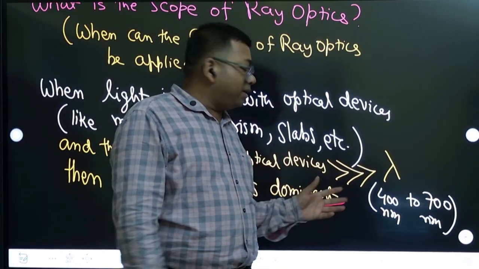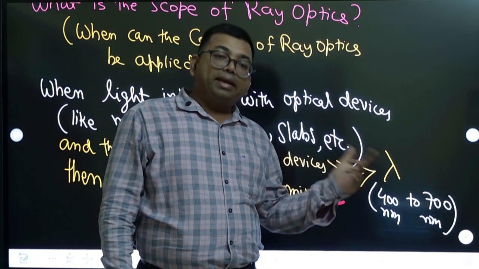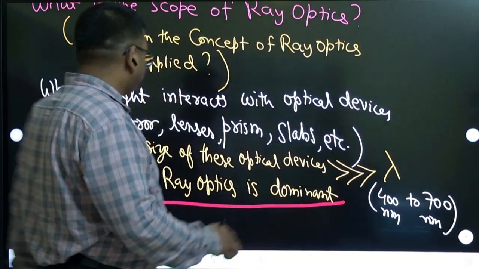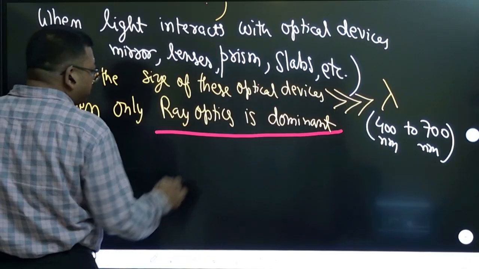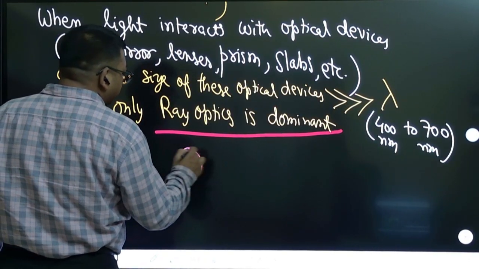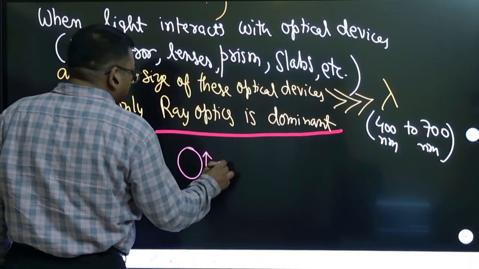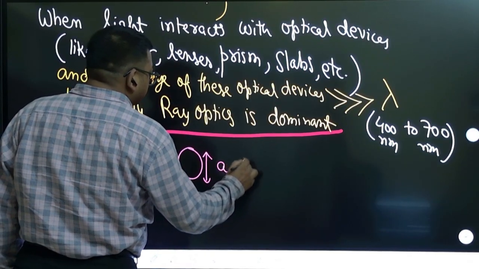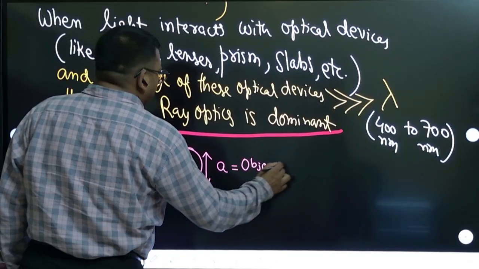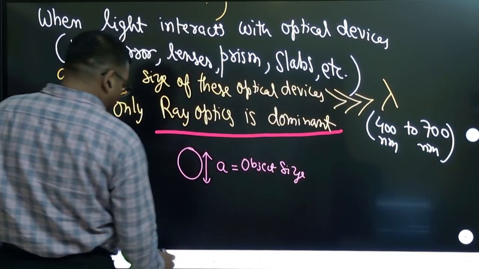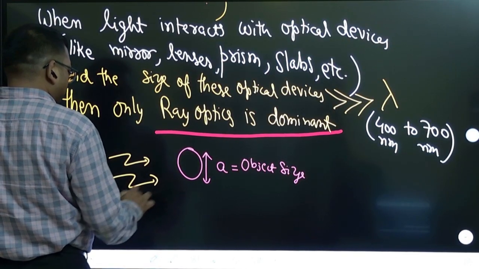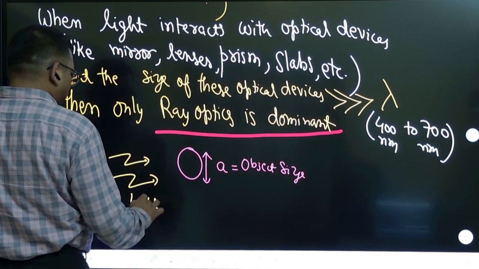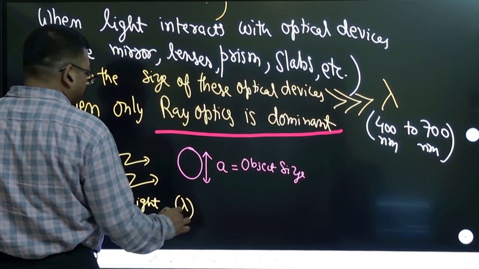But if the wavelength is comparable, so here you should note that, suppose I will draw a diagram to understand this. Suppose this is an object and the size of the object is A, the object size. And suppose light radiations are falling on this. This is light and the wavelength is lambda.